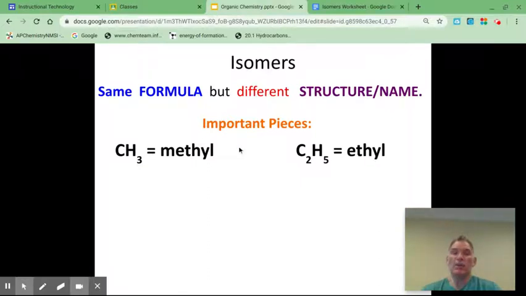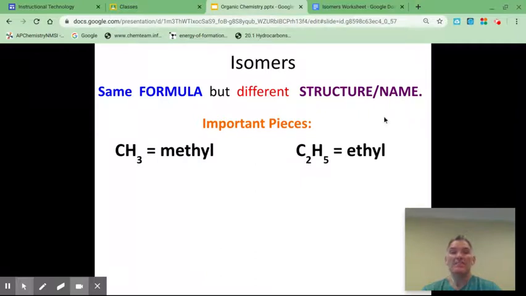So today we're going to focus more on the methyl because we're going to deal with smaller compounds. Ethyl can only show up when it's a bigger compound. We're talking about 7 to 8 carbons or more. So here we're going to see CH3 or C2H5, or it might be drawn out, a C with 3 sticks with H's, 2 C's attached with 5 H's, right?